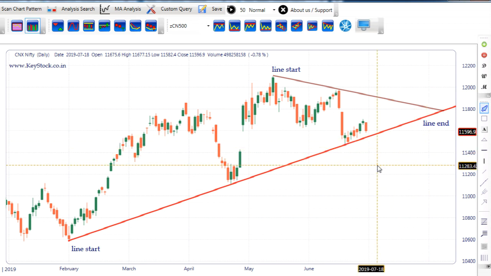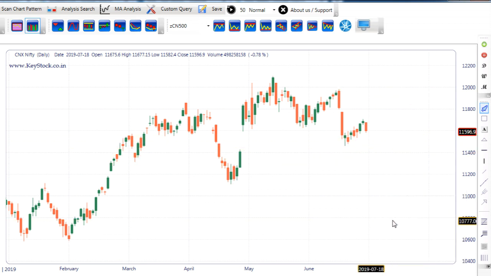Let me delete this trend line first. There are three types of slope, which apply to both downward sloping and upward sloping lines. The first type is steep slope.